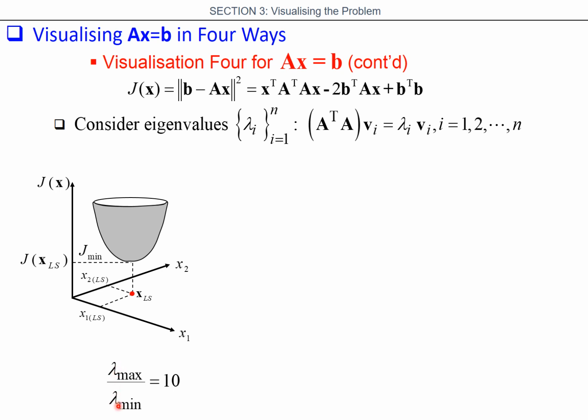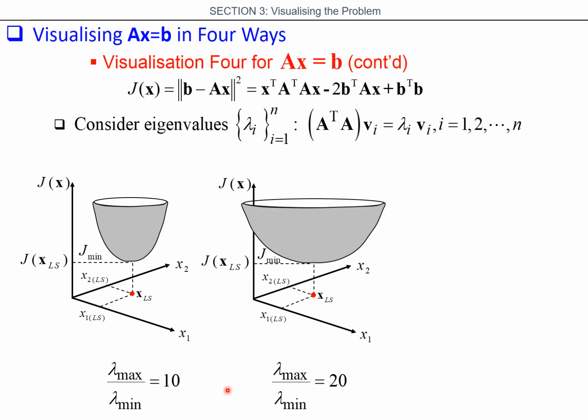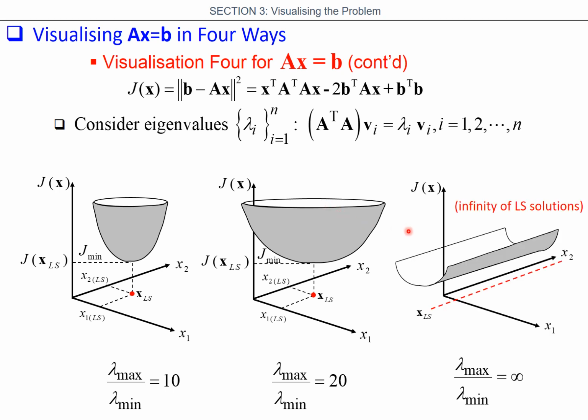Now if you plot the maximum eigenvalue over the minimum eigenvalue, and you get, say, 10, then it will look like this. As this ratio goes up, it becomes more stretched. The ellipse part at the top here, the major axis becomes bigger and the minor axis becomes smaller. And then when you eventually get a spread of infinity, this is what happens.